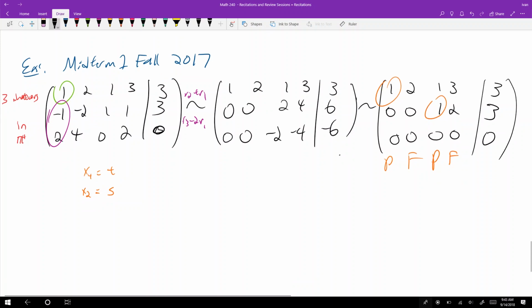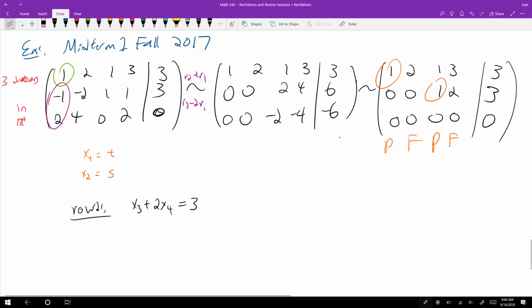And now, here's row 2, the equation from that row. I got x3 plus 2x4 is equal to 3. So then x3 is equal to 3 minus 2x4, but we know what x4 is, we called it t, so we'll call it 3 minus 2t.